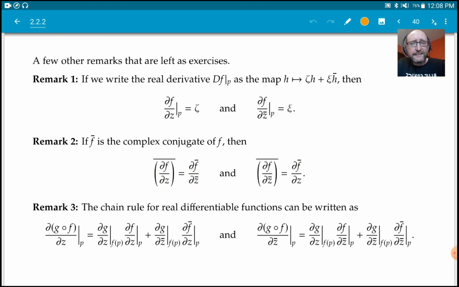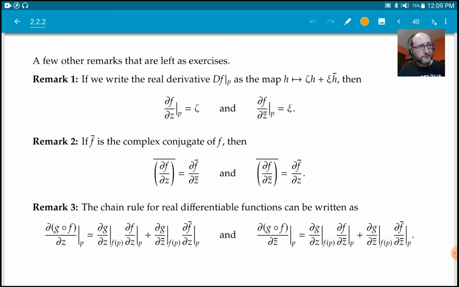Now, finally, and this is maybe the hardest one of these, if you write down the chain rule in terms of Wirtinger operators, it actually comes out as if you had really a function of two variables, z and z bar. So this is the chain rule for not necessarily holomorphic functions.